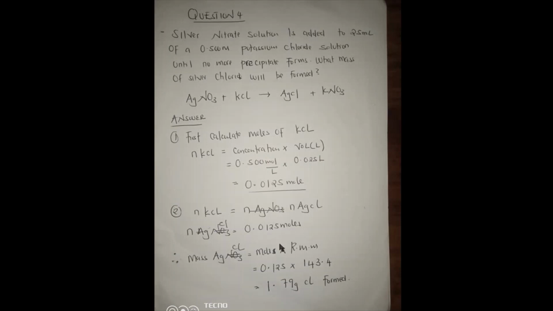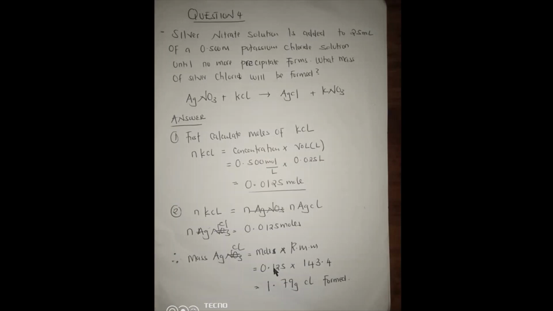Since we know the number of moles, you just plug the number of moles into the formula. You calculate the mass of silver chloride as moles times relative molecular mass. The moles is 0. So I forgot a 0 here.